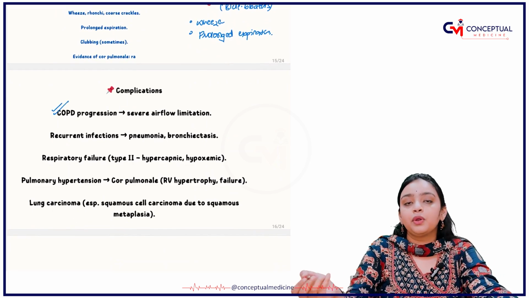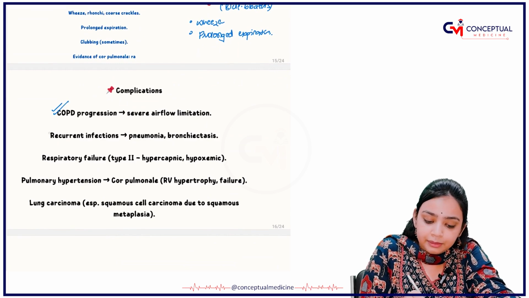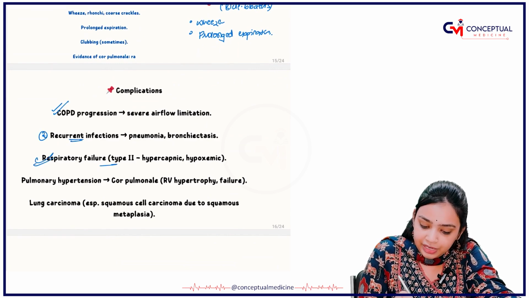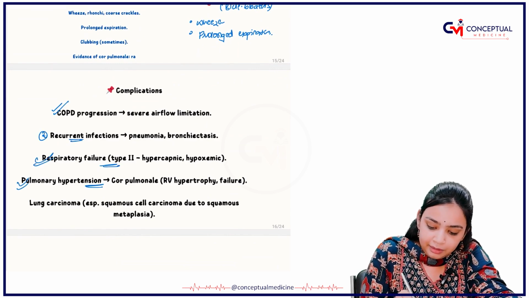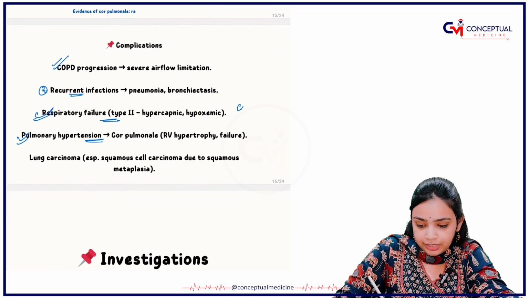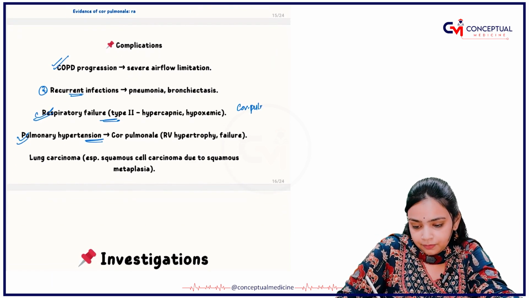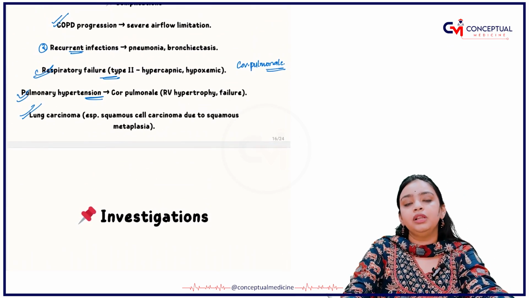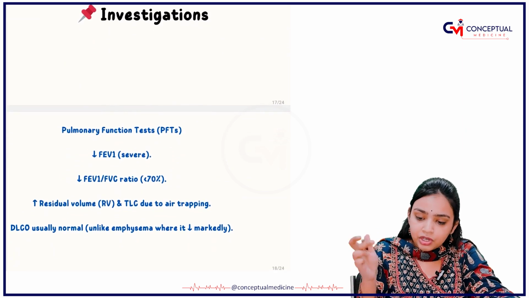There will be progression of this disease, then recurrent infection will occur, respiratory failure will be there, and pulmonary hypertension will be there, which will further lead to cor pulmonale, and lung carcinoma will also occur. What are the investigations you will order?